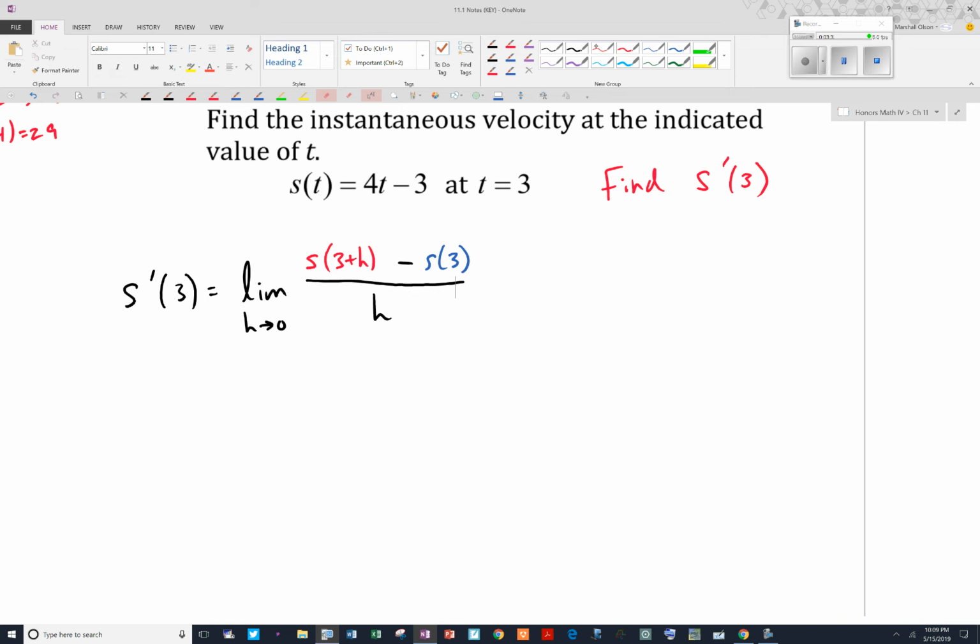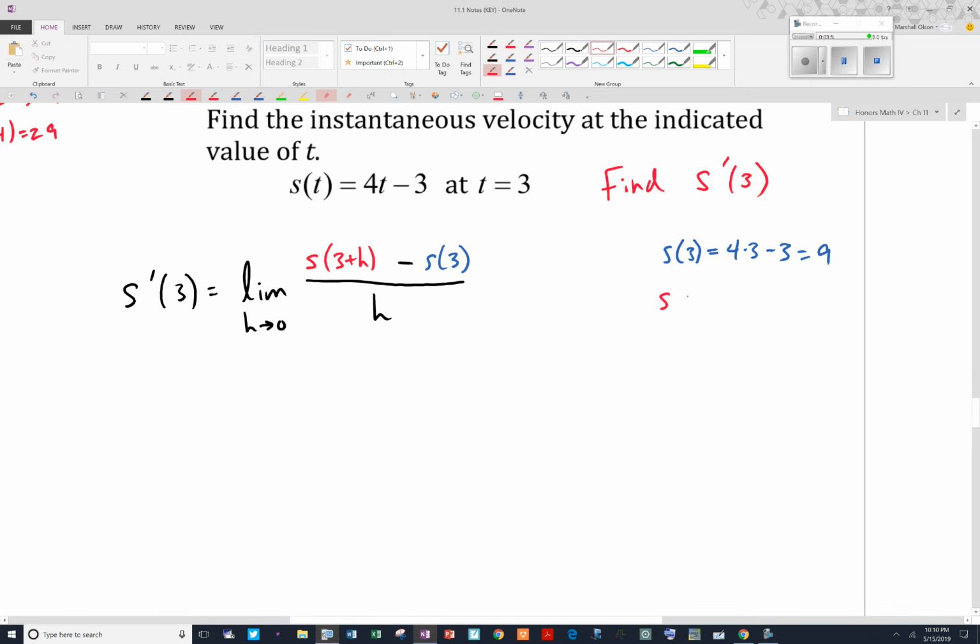So what I'm going to do is kind of what I talked about at the beginning of this video: I'm going to put 3 plus h in for t, and I'm going to put 3 in for t. So let's do the easy one first. S of 3 is going to be found by taking 4 times 3 minus 3, which is 9.